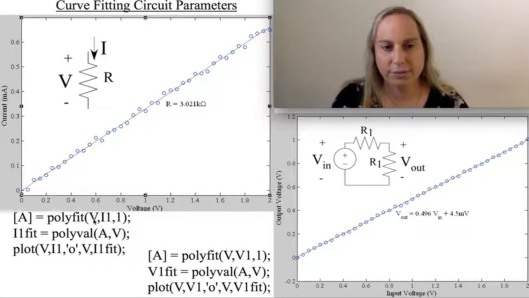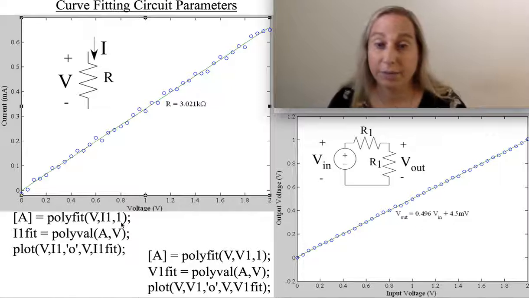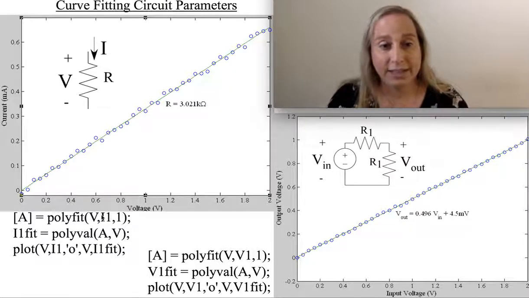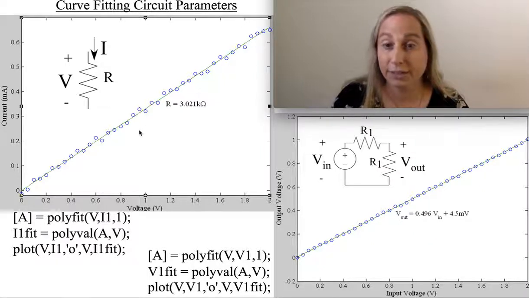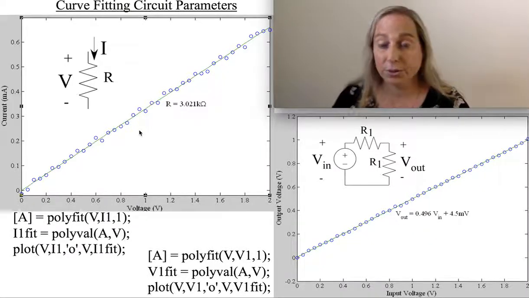The inputs are the first data set, the second data set, and the polynomial order, in this case first order because it's a line. I can then have it generate the set of points at the original x coordinates for that line. Then I can just plot those two things, which gives me these beautiful plots like what I'm seeing here. And this works really, really well.